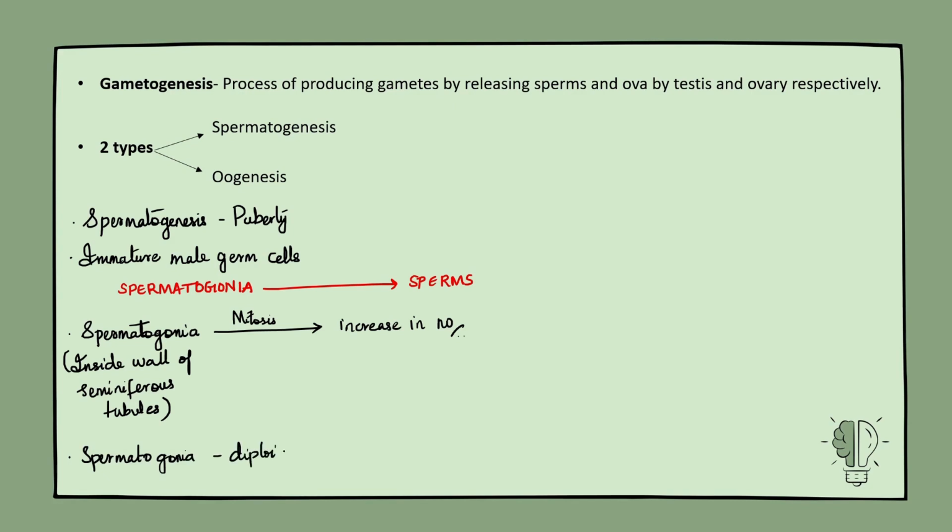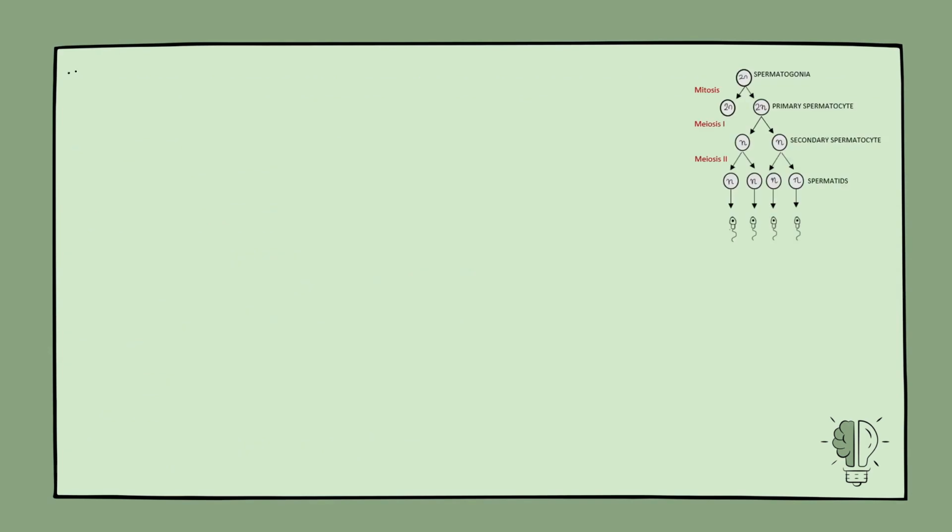Each spermatogonium is diploid, and contains 46 chromosomes. Some of the spermatogonia, called primary spermatocytes, undergo first meiotic division to form two equal haploid cells, which are called secondary spermatocytes.